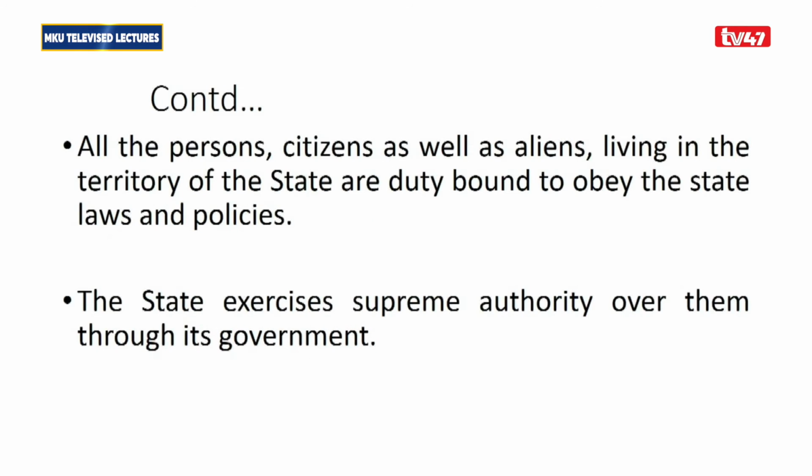That's why we're able to tell at a given point, this is the Kenyan border, a border that leads to a given country. Based on their territory, all the persons, citizens as well as aliens living in the territory of the state are duty bound to obey the state laws and policies.